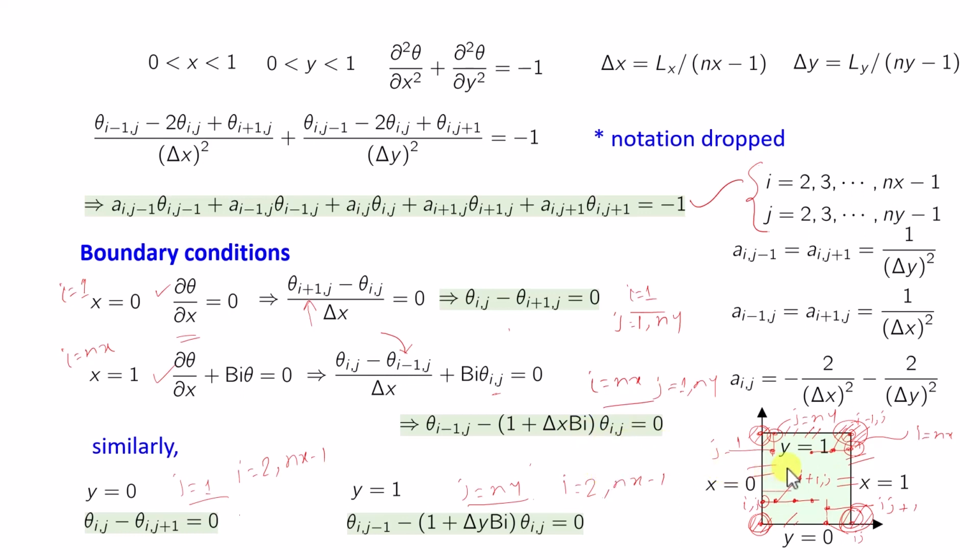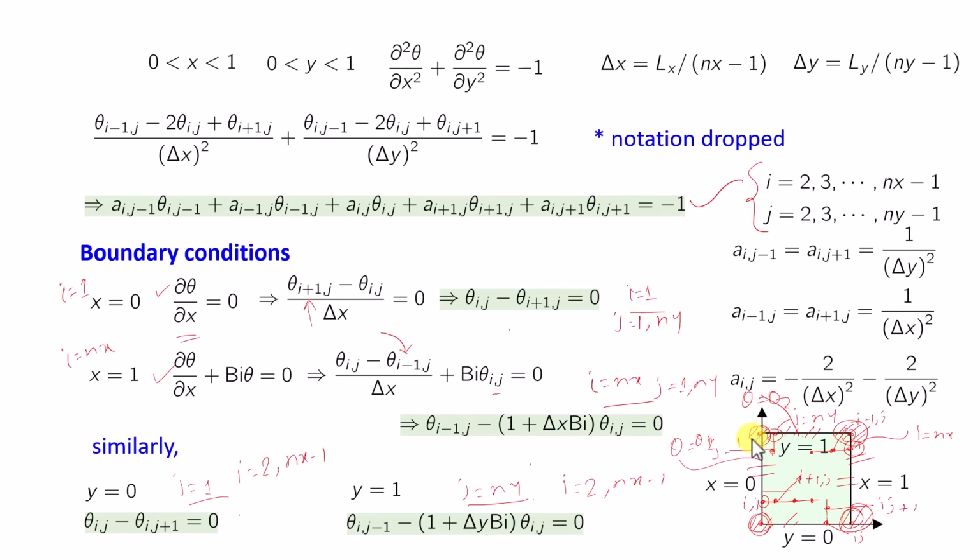If you have Dirichlet type condition, for example, if you have theta equals theta 1 here and theta equals theta 2 in this corner, then in these two boundaries, you have to decide what theta you will put at the corner points, and that sometimes could be a subtle decision. But here, because of this Neumann and Robin type condition, we will not face any problem about corner points, but you have to deal with them only once and not twice. If you deal with them twice, then it may give you some problem in convergence of solution.